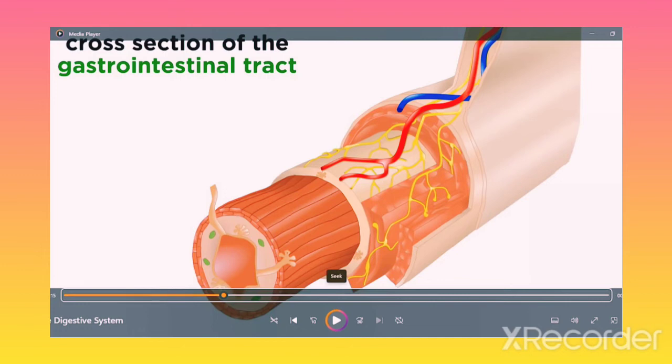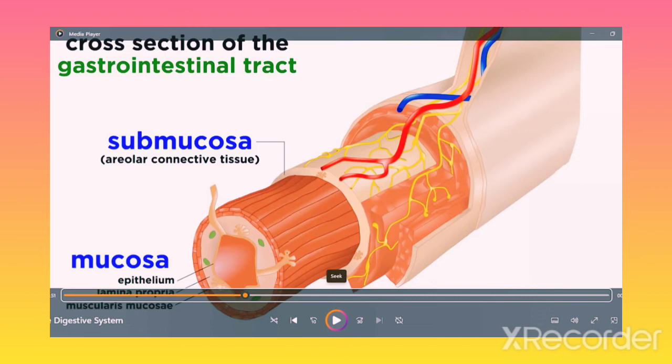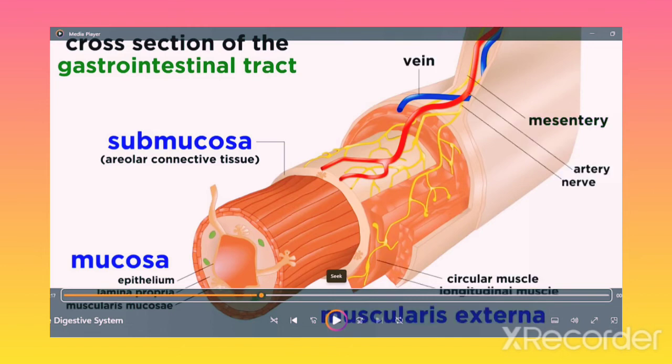The walls of the alimentary tract are formed by four layers of tissue: adventitia or serosa, which is the outer covering, the muscle layer, submucosa, and mucosa, which is the lining. So let us discuss each one of these in detail.